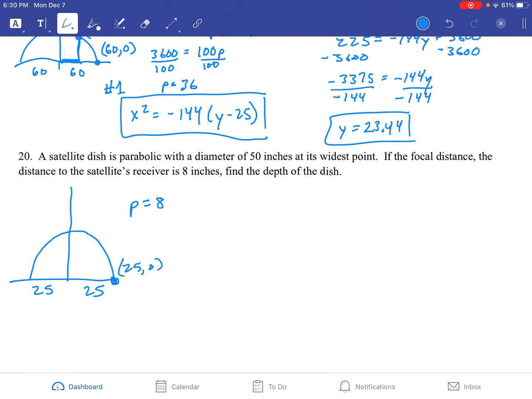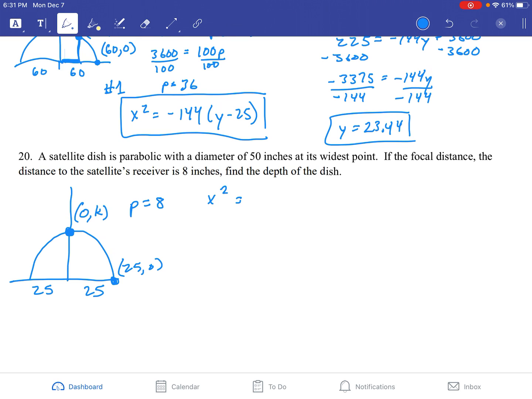All right. So now we're missing part of the vertex of our parabola. We do know part of it, the h value. The first one is going to be 0, k. Okay, so we're going to write our equation just like before and put in the information that we do have. We know that it's going to be x squared. The vertex h value is 0, so we don't need to write that one.